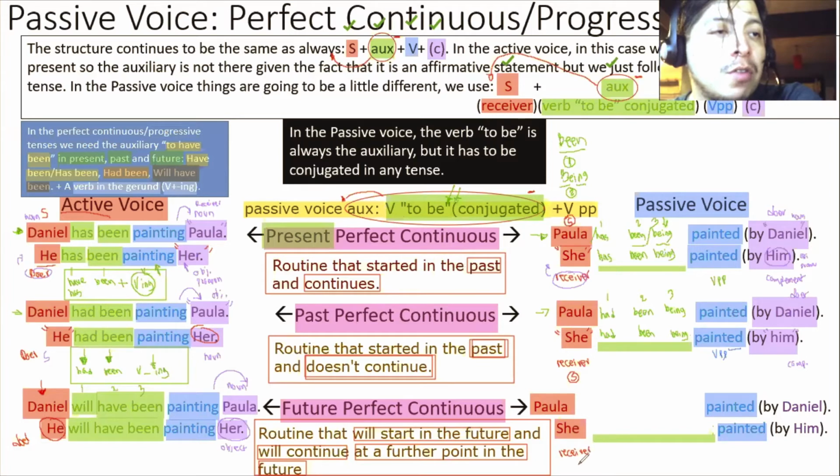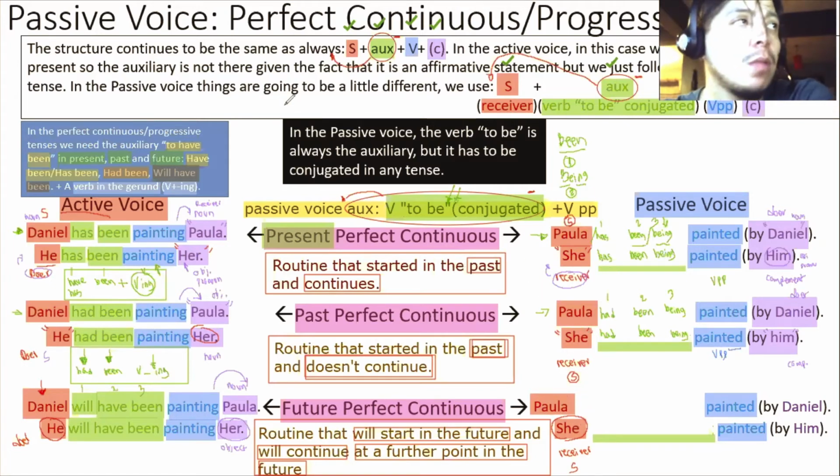The receiver of the action is the subject, and because Paula is the subject, if we want to replace her with a pronoun, we use a personal pronoun, okay? The personal pronoun will be she, because it is feminine, and it is the third person of the singular. The auxiliary, as you remember, is here. We're going to check it in a moment, and the verb is always in the past participle.